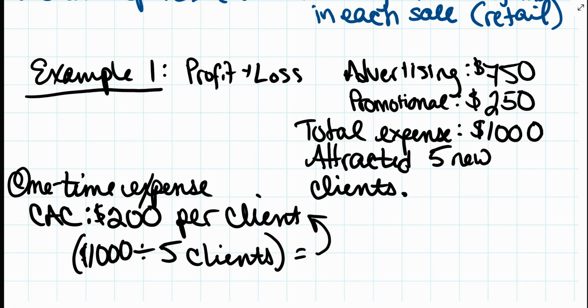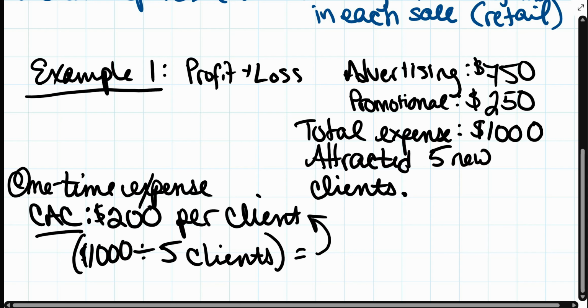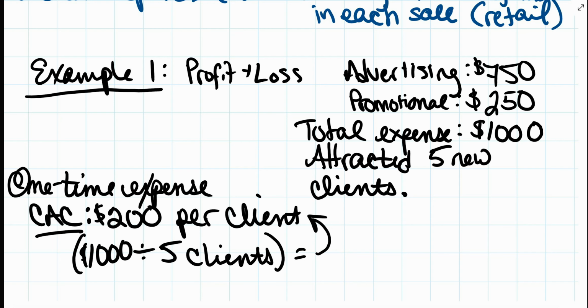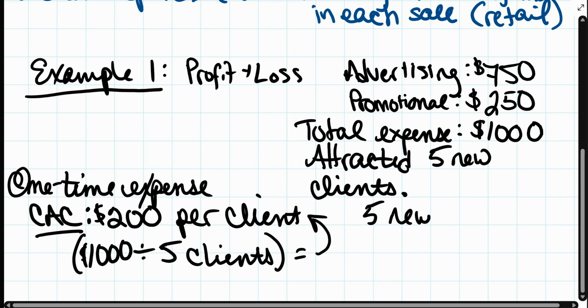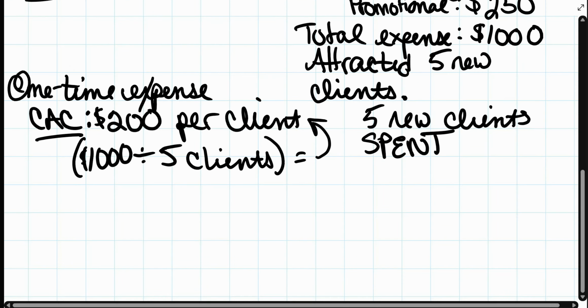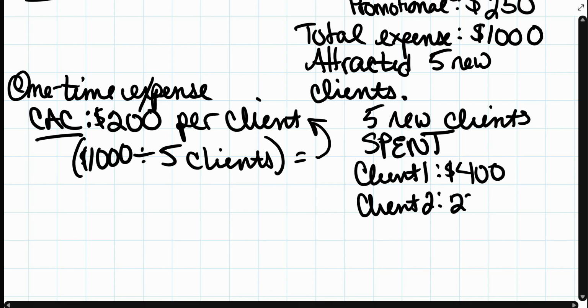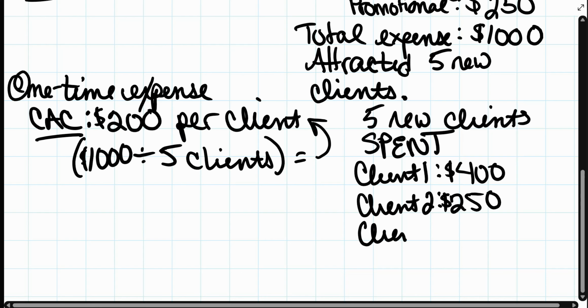So in this case, my CAC was calculated, but when I got these new clients in the door, I found that my 5 new clients spent, let's see, client 1 spent $400 with me. Client 2 spent $250. Client 3 only needed $50. Client 4 spent $300.